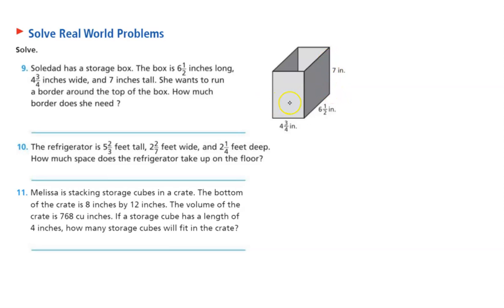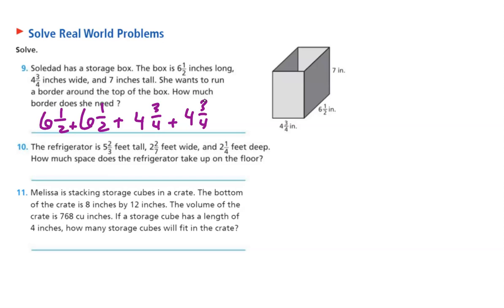What I'm going to need to do instead is add 6.5 inches and another 6.5 inches, because there's 2 sides. So that would be 6.5 plus 6.5. And then I'd also need 4 3/4 plus the opposite side of 4 3/4. Okay, 4 3/4 plus 4 3/4.